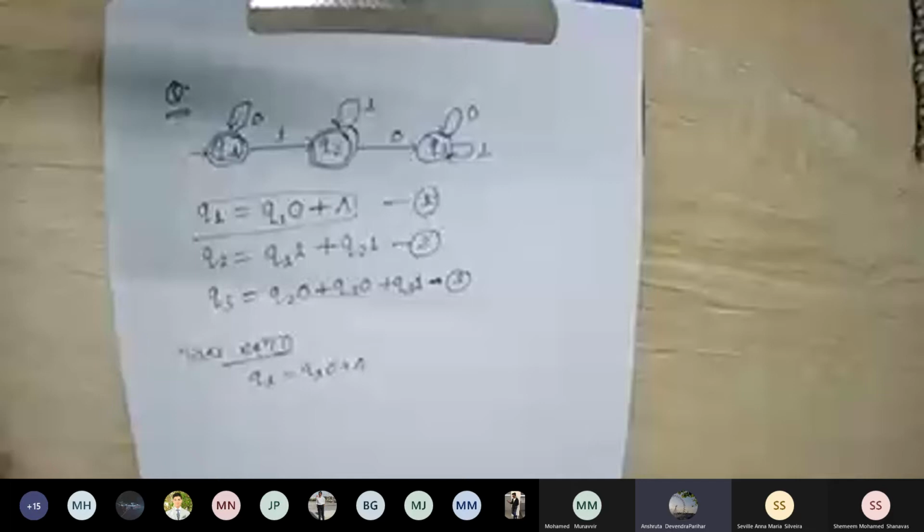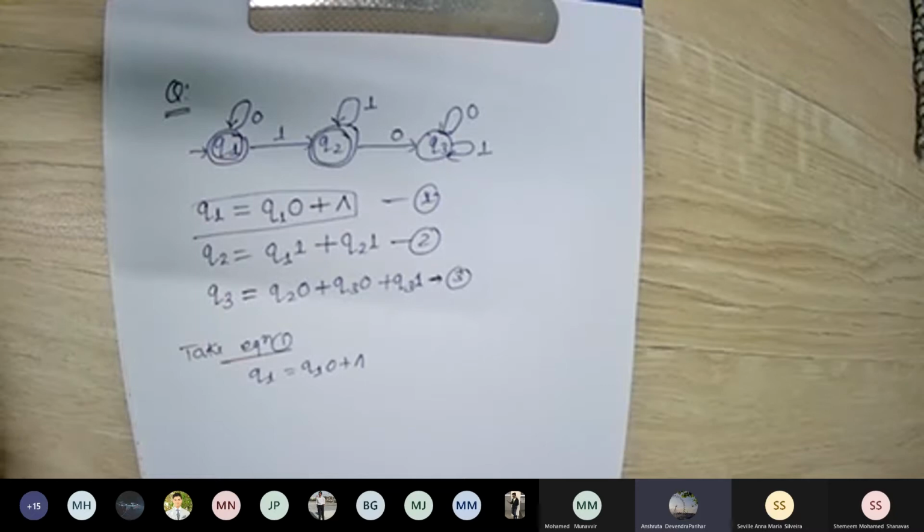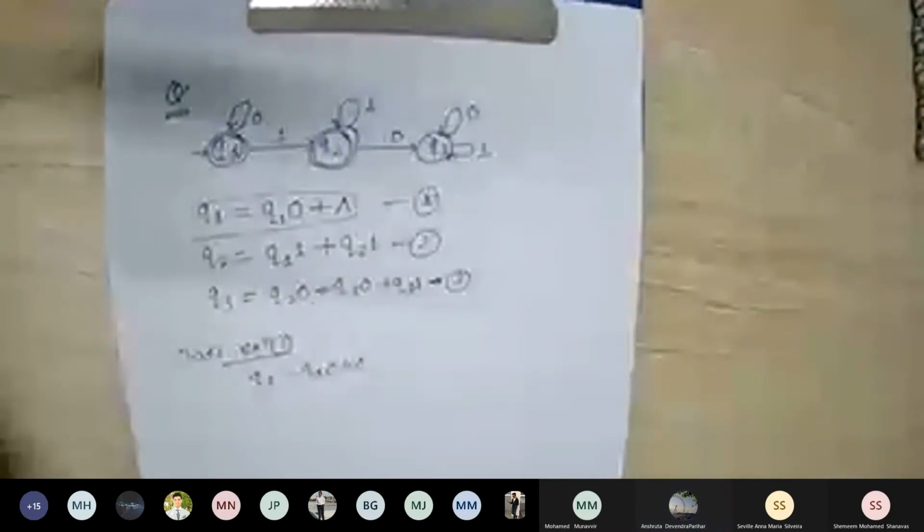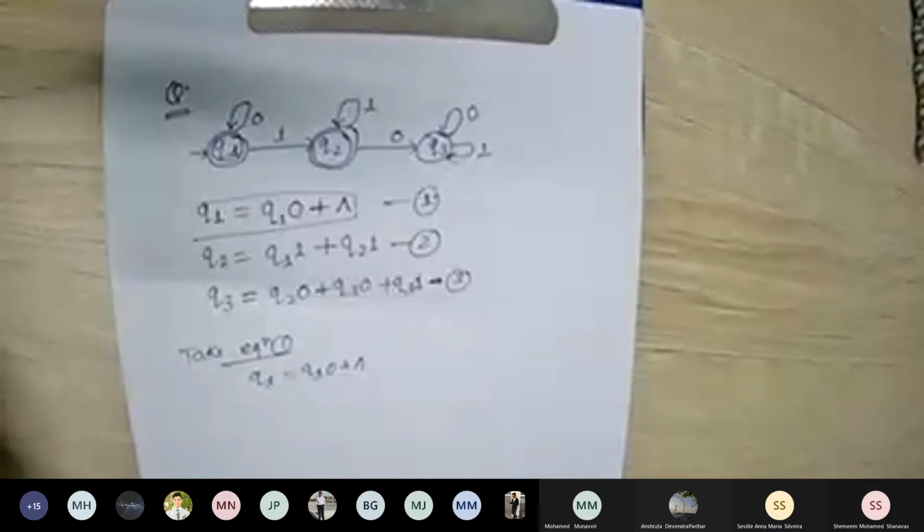Sir, is it Q plus RP is equal to Q into RP? Arden's theorem we did last class, no? Yes, sir. What was that? You remember? R is equal to Q plus RP.